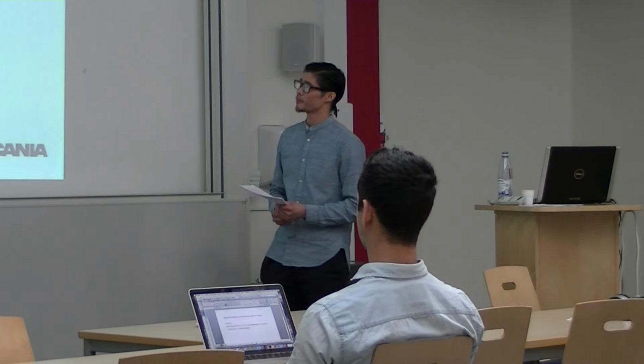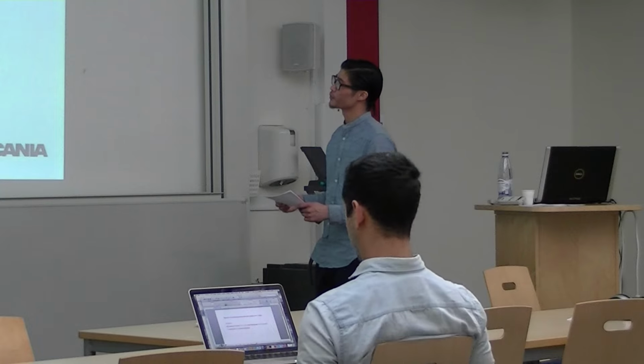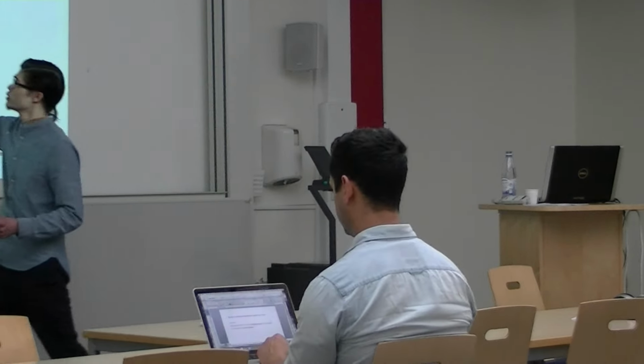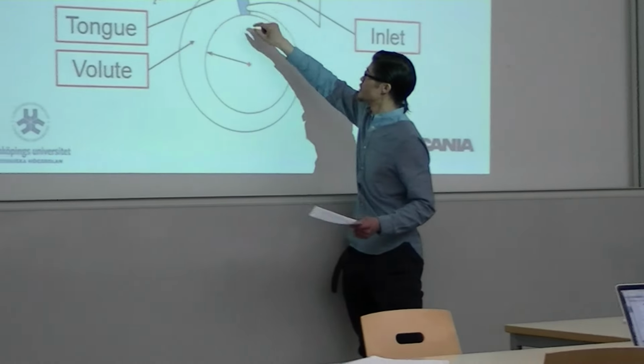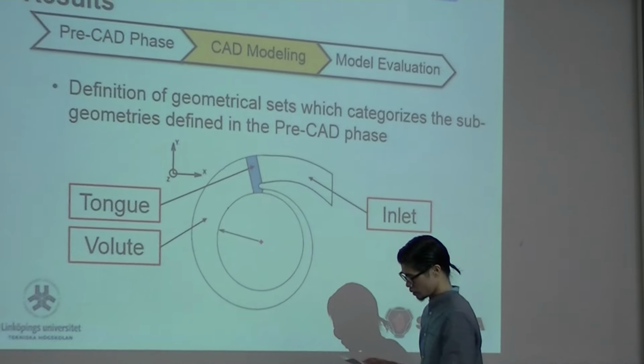And this is done exactly for the turbine volute. We can see that we have three clear parts. We have the inlet, and we have the tongue section, which highlights the tongue-like section here. And then we have the actual volute itself.